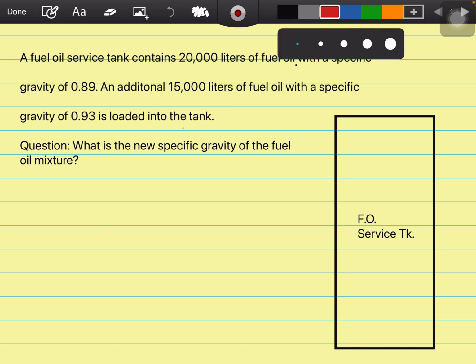So we now have an existing fuel oil inside your fuel oil service tank, and we have a diagram here.